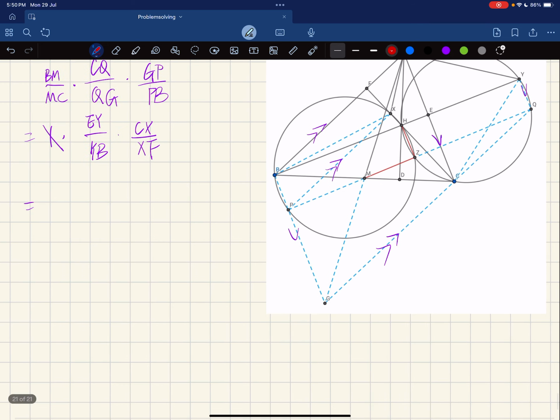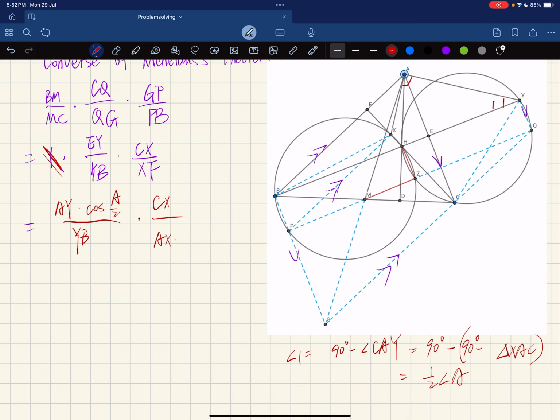XF is in the same way: it is AX times sine half of angle A. So we finally get CX over AX times AX over YB times cosine half of angle A over sine half of angle A.